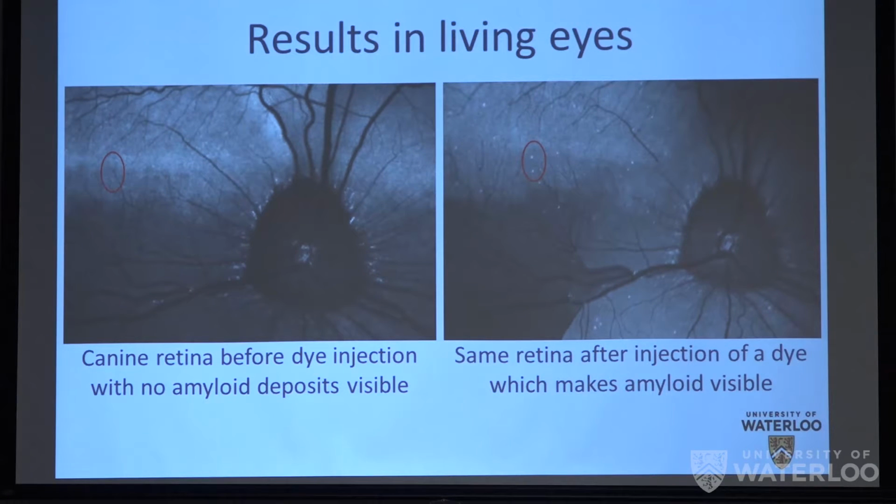So this is uptake by these deposits of the fluorescent dye, and followed by being able to actually image them. So this is very exciting in terms of knowing this, that we can resolve the sizes of the deposits, that they're there in a living eye in the same way they're there in a postmortem eye.